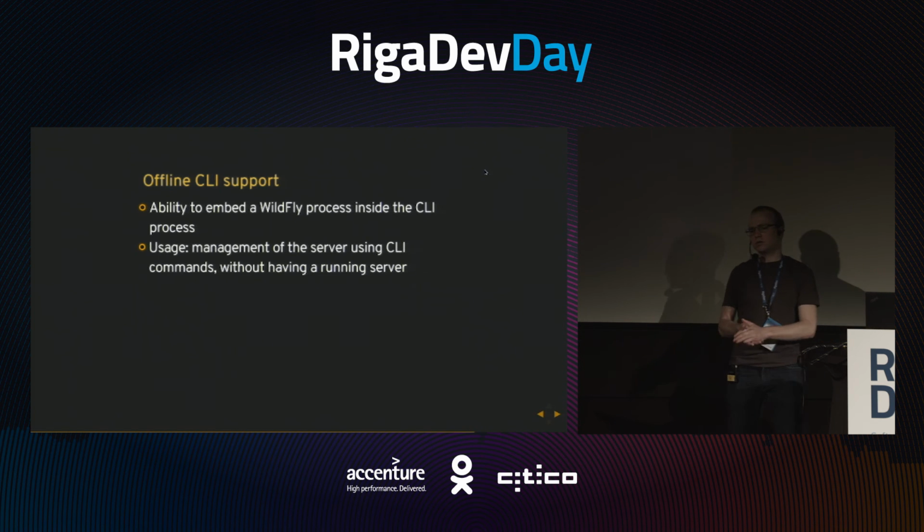Okay, another practical thing. CLI is our command line interface. You are able to modify WildFly configuration without starting the server. So if you want to perform some configuration changes using our management tool without changing files directly, you can embed WildFly inside the CLI.